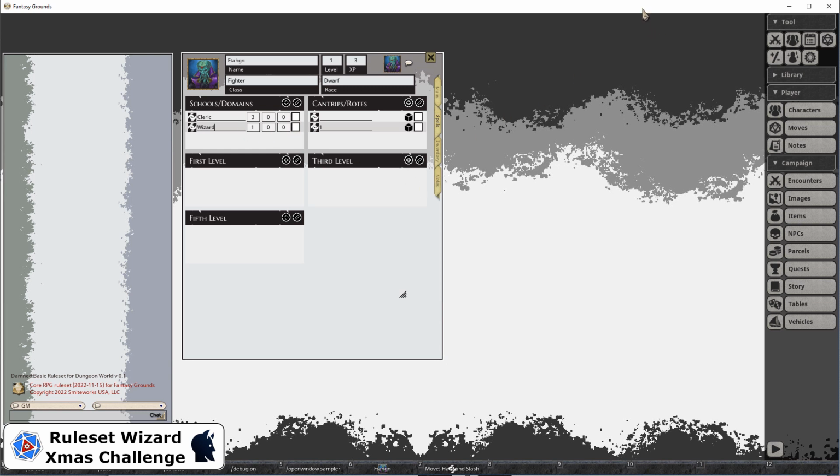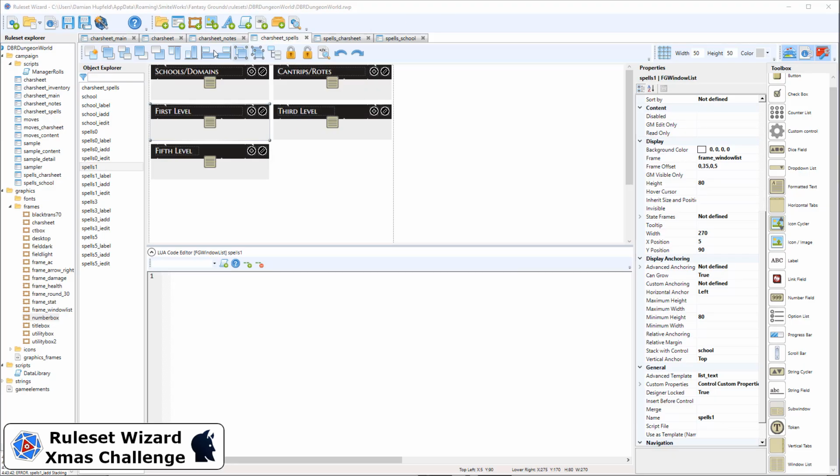So let's have a look at it in the ruleset. I'm still on my character sheet spells window, and I've bumped all of these up, so I had to redo some of the anchoring, because previously cantrips was over here. I think mostly it was the 5th level that had to be adjusted, and also 1st level, because 3rd level was always below cantrips.